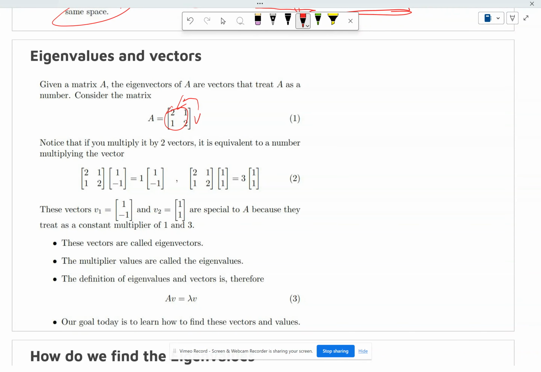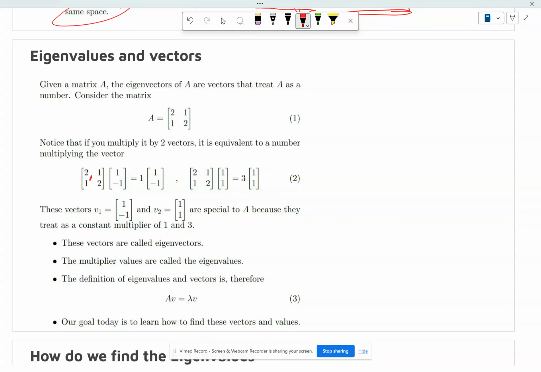Over here, this happens to be an eigenvector. Now, if I multiply it by the matrix A, notice this is equivalent to the eigenvector multiplied by some number. If you calculate this out, you will see that they are actually equal.